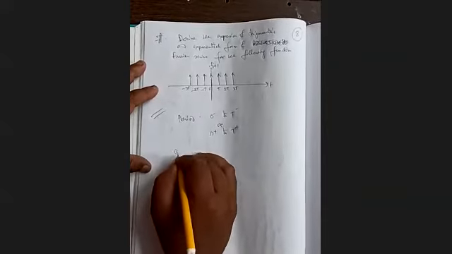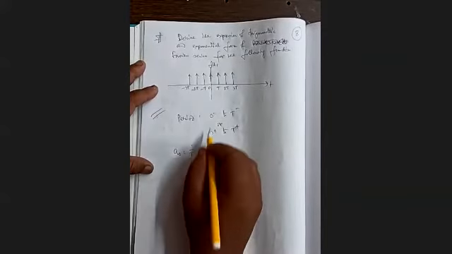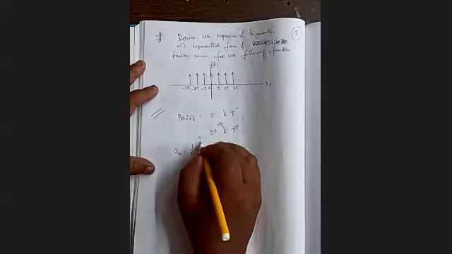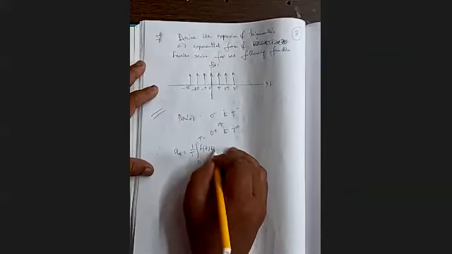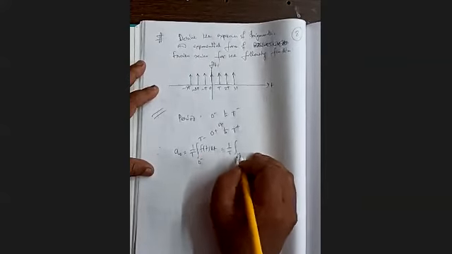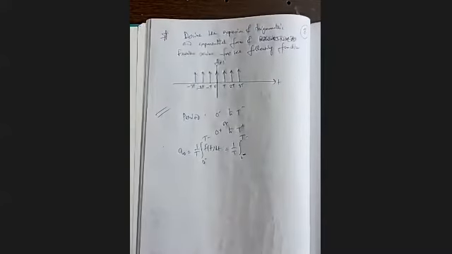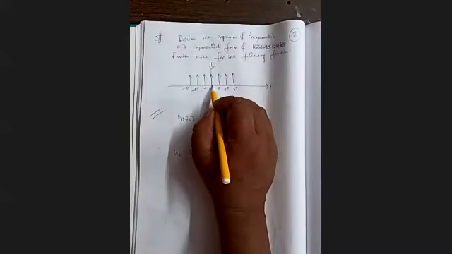So what is our a0? a0 is 1 by T, integration from 0 minus to T minus over one cycle of f(t) dt. Over that we have one delta function.